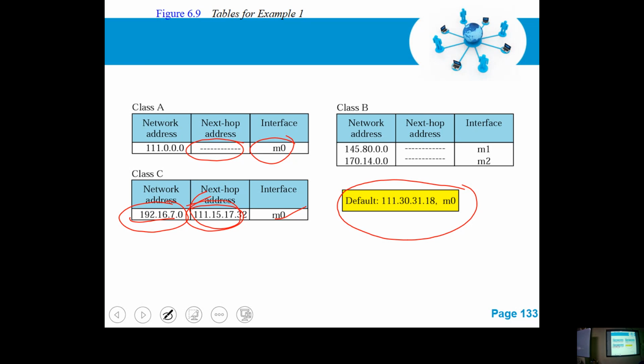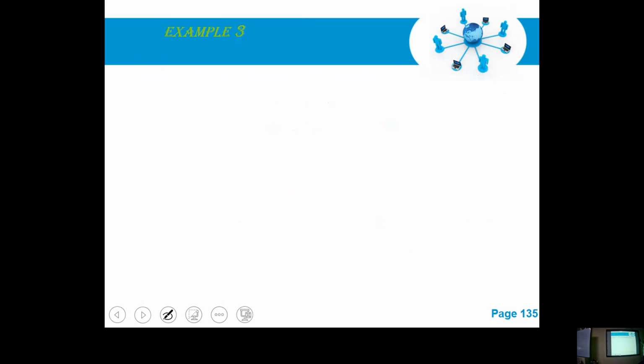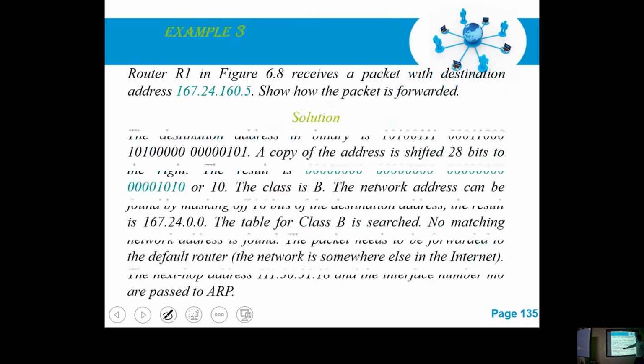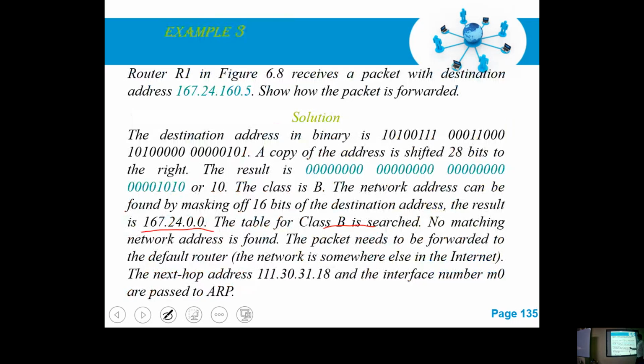Default. We will be sending via M0. When I look in class B, we are not able to find it. So we are giving it to this next hop because it has to be forwarded through the default router, the default network.